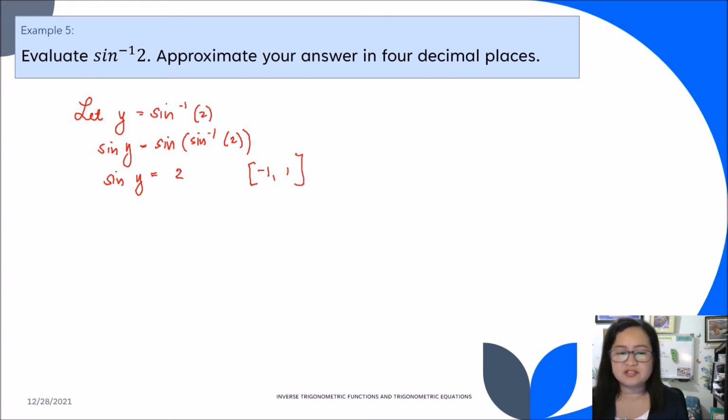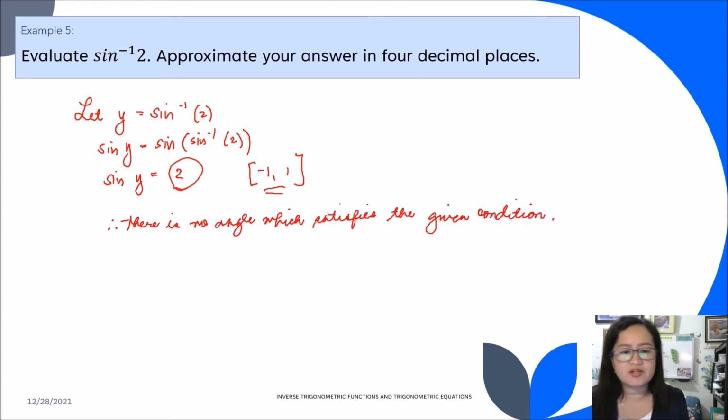Take note that the domain of the inverse function is -1 to +1. Now 2 is not within the interval, therefore there is no angle which satisfies the given condition.